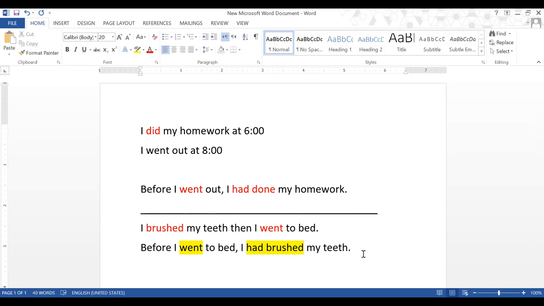So you brushed your teeth and then you went to bed. So brushing your teeth is older than going to bed. Since it's older, it must be had plus past participle. So we said, I had brushed my teeth. Understood? The older one, the earlier one takes had plus past participle.